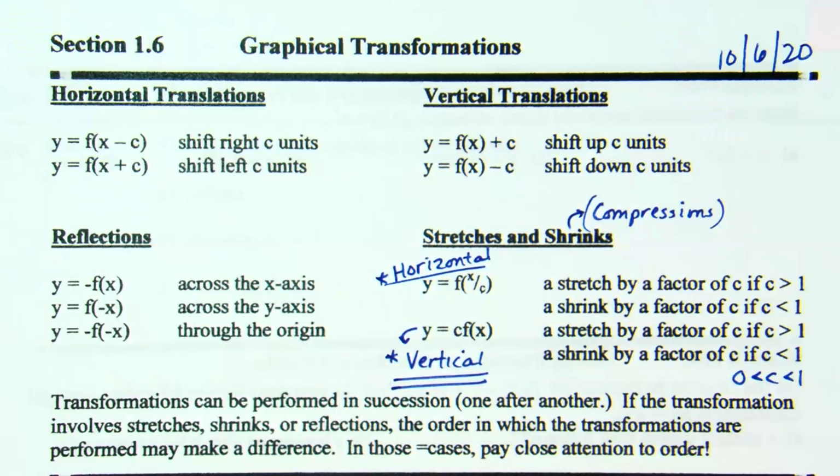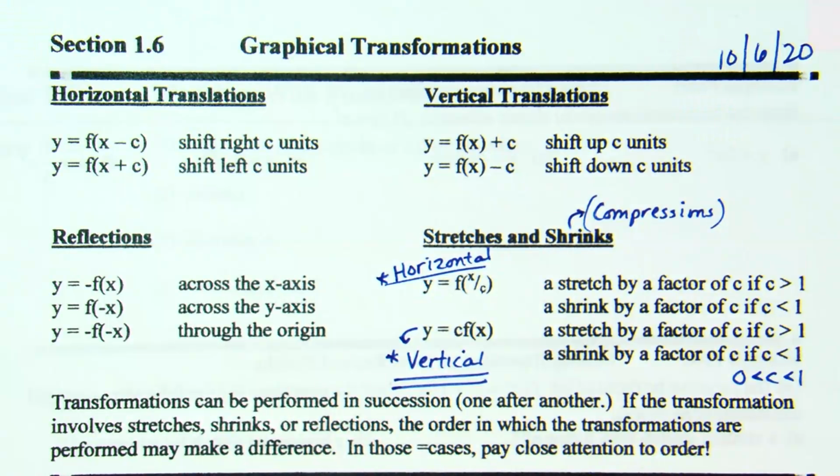And then a horizontal shrink says if I shrink by a factor of c less than 1, where c is between 0 and 1, I'm going to shrink it in horizontally. Now, you will notice a connection, we'll talk about it, that if I'm vertically stretching something, what does it tend to do?